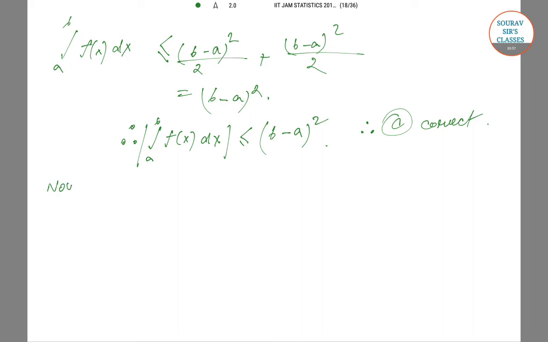Now suppose ((a + b)/2, 2(b - a)) belongs to the graph of (x, f(x)).